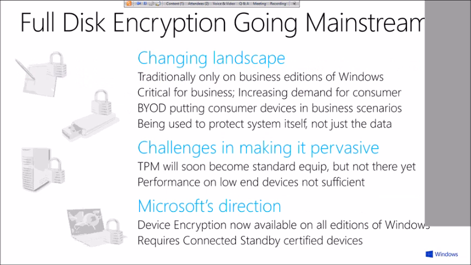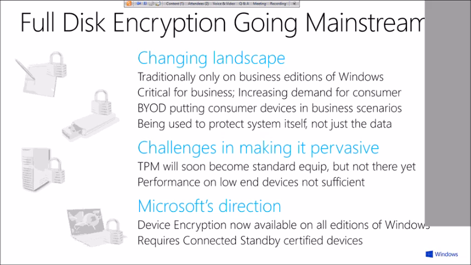Let's talk around disk encryption first. Now, traditionally, if we look into the Windows landscape and our devices landscape, it was mainly part of our business editions, right? But we realized that due to BYOD, bring your own device, we needed to enable disk encryption scenarios to consumer devices as well, because they are accomplishing business scenarios now.